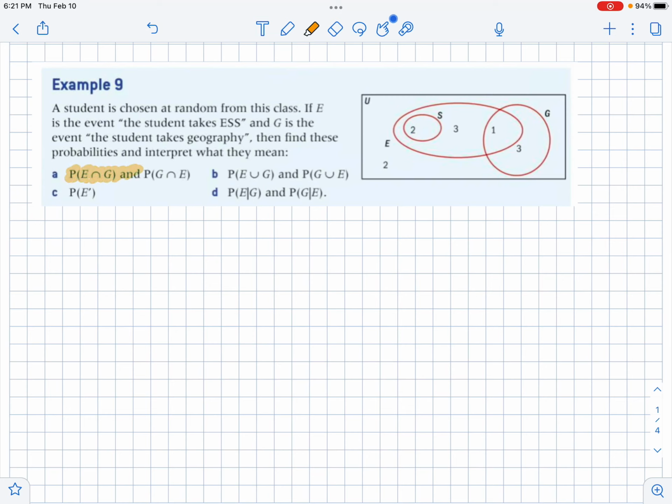This first part here, probability of E intersection G, or probability of G intersection E, which they're actually the same thing. So that's the first thing I want to say, is that E intersection G is the same thing as G intersection E. Now, what does that look like on the picture?